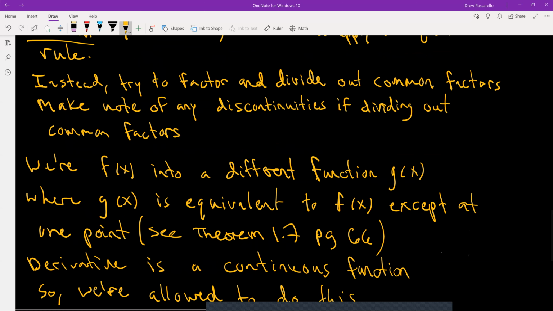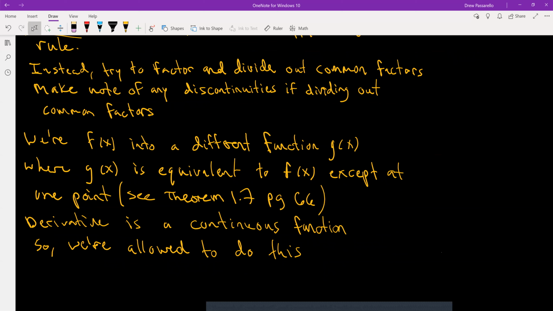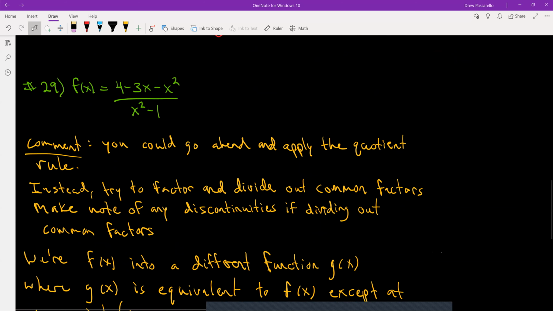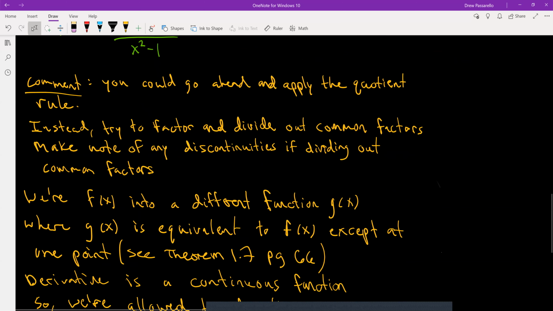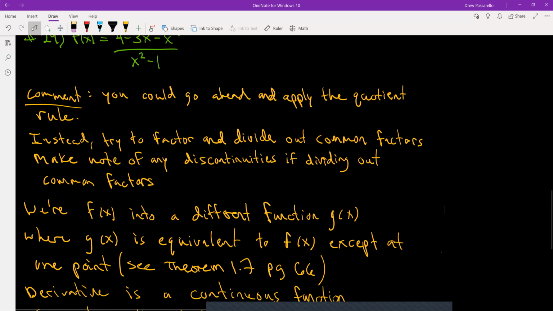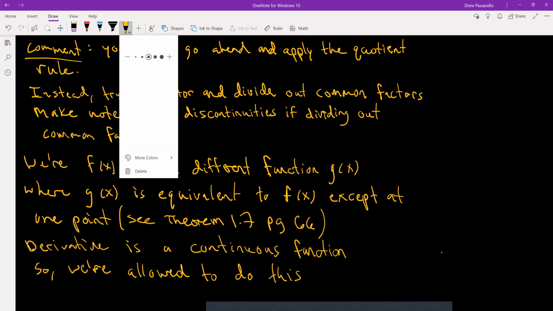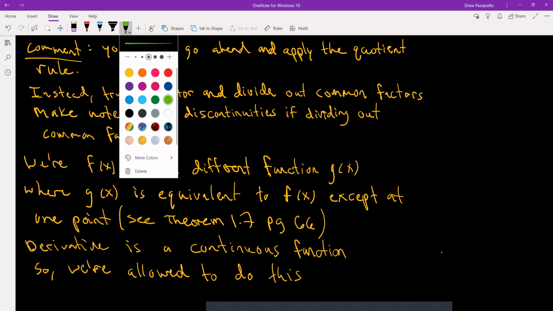So for our purposes, I'm just justifying why I'm going to do this process of rewriting the function by canceling out common factors if that's possible. And once I cancel out the common factors, then the result is a new function. And that new function is g of x that I'm calling g of x.